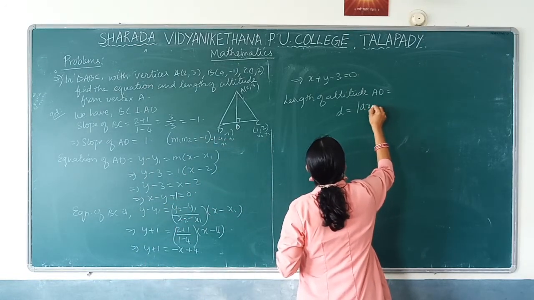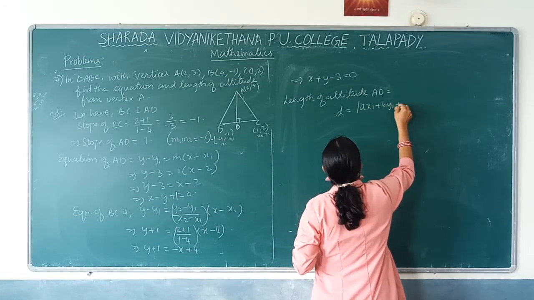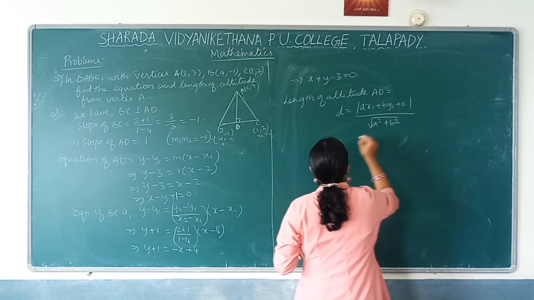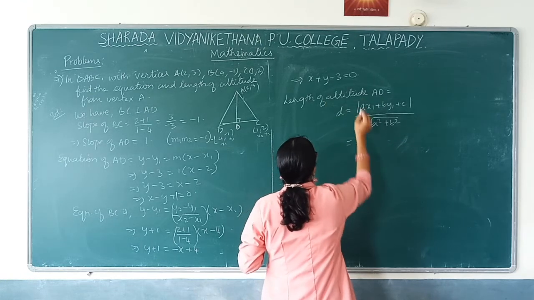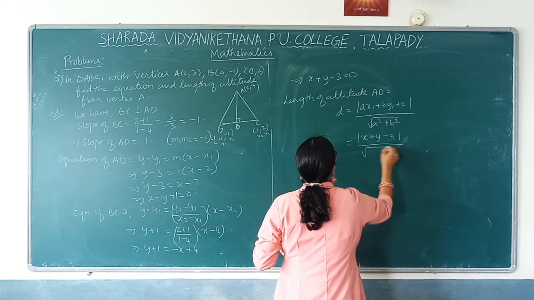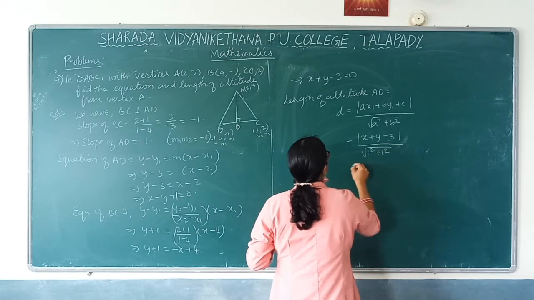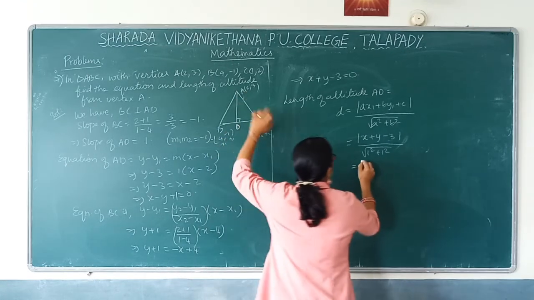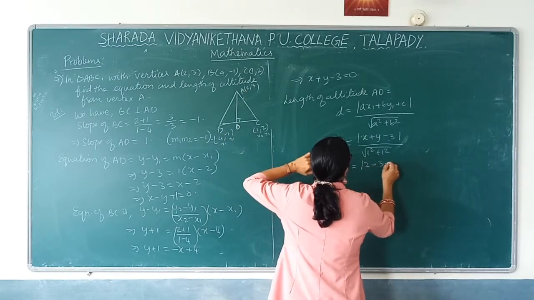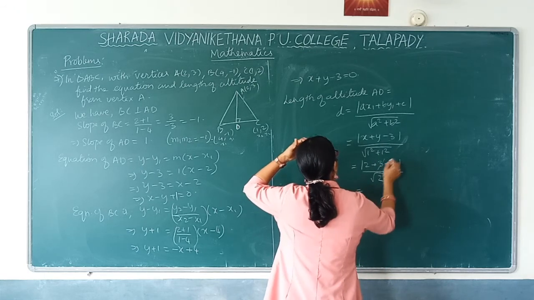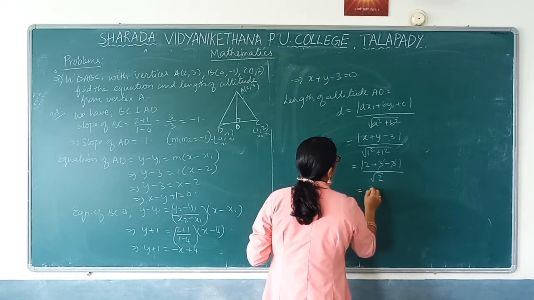Or if you want, I can write it as modulus of ax1 plus by1 plus c divided by root of a square plus b square. You can use capital or small letters, it doesn't matter. So x plus y minus 3 divided by root of 1 square plus 1 square. X here is this point 2, so modulus of 2 plus 3 minus 3 divided by root 2. The 3 and minus 3 cancel, so it is 2 by root 2.